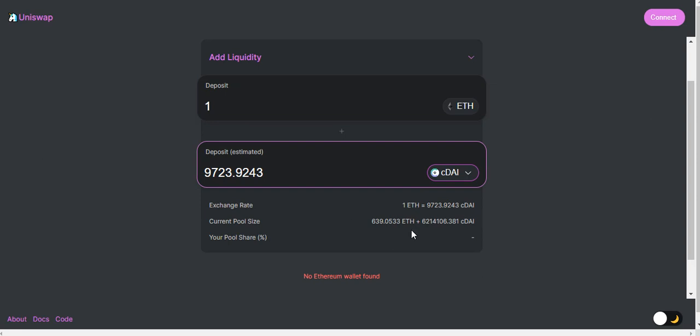The current pool size is 639 Ethereum for a total of 6,214,106.381 cDai. And you would have to connect your MetaMask or Web3 bridge integrator in order to interact with this platform.